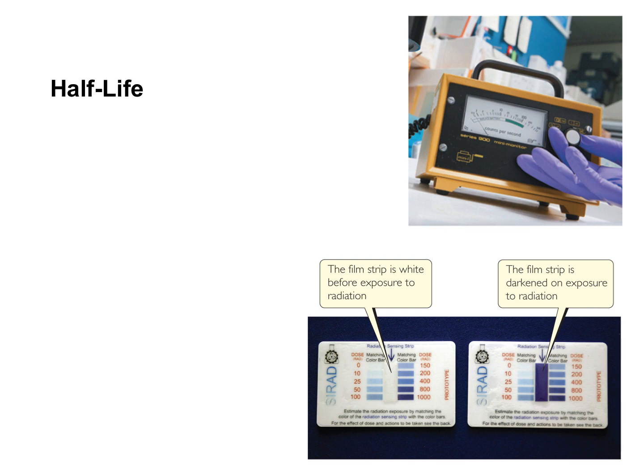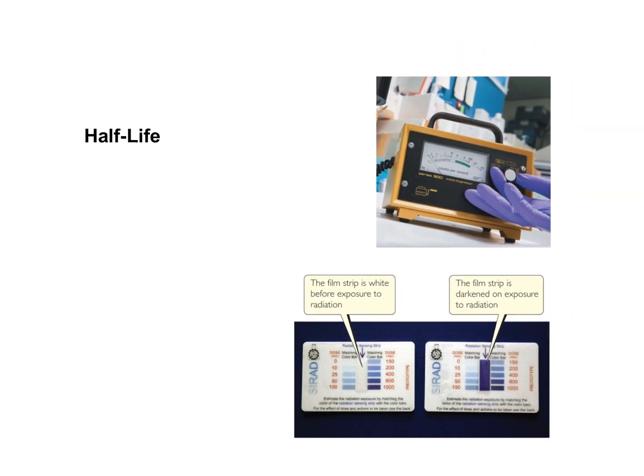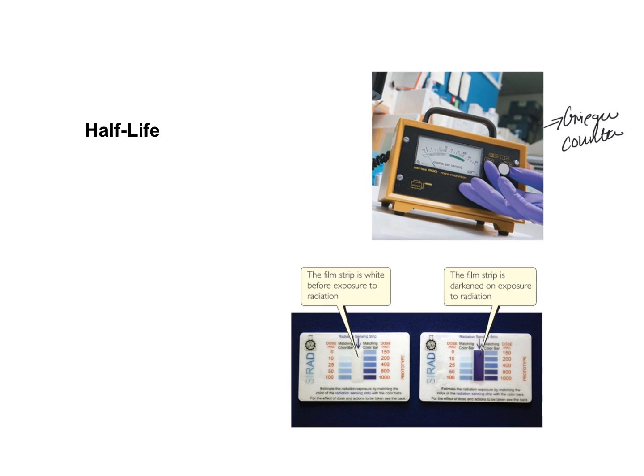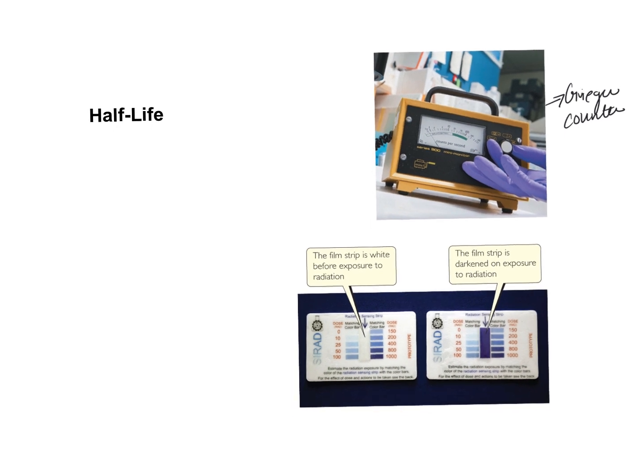Now, one of the things that we can use to measure the amount of radiation is a Geiger counter. That's shown here. Right? And so this would be what you would hear like clicking in movies. If you watched any movies, you kind of hear a click, click, click sound.